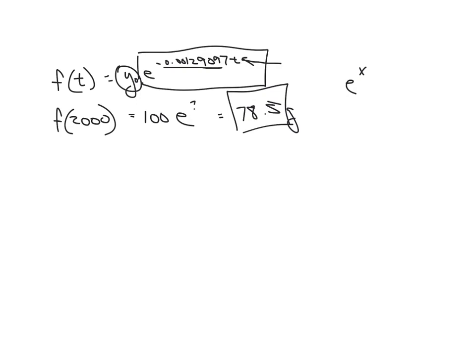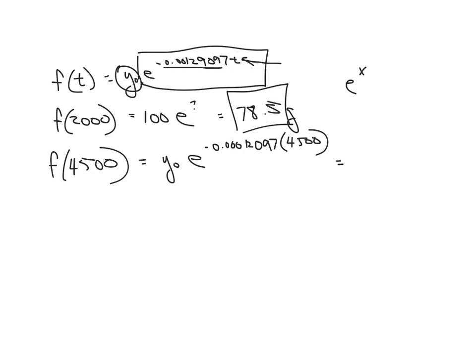B, what percent of the original amount remains? Okay, so we're still using that same formula, and it says after 4,500 years. So we've got f of 4,500 equals, and we're going to leave the y-naught by itself because that's the original amount. That's what we're looking for in this problem. And then we've got e to the negative 0.000121, that big old long number, and we have our time being 4,500 years.